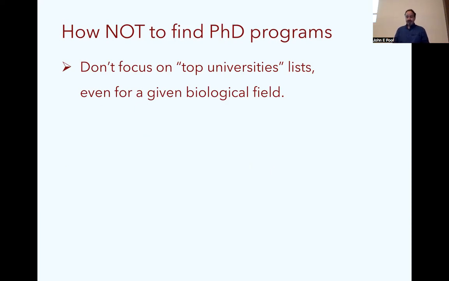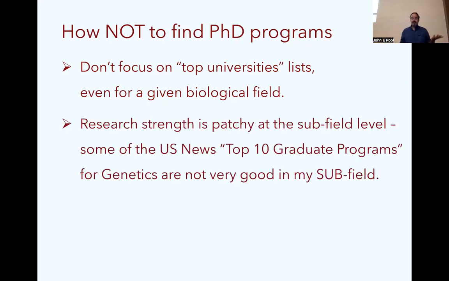I was glad that the UW was in the top 10, but on the other hand, for my particular area of genetics, probably at least 3 or 4 out of that top 10 are not even good at the type of genetics that I do, and wouldn't be ideal targets for prospective PhD students, because they just haven't happened to really go after my area of genetics. There aren't really people there to work with.